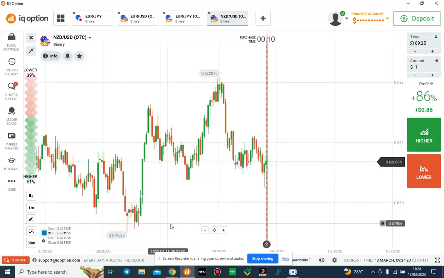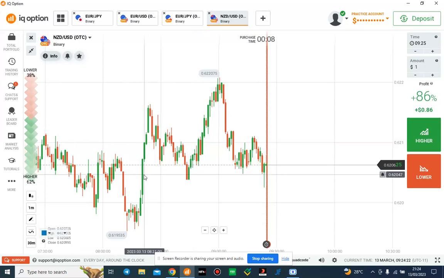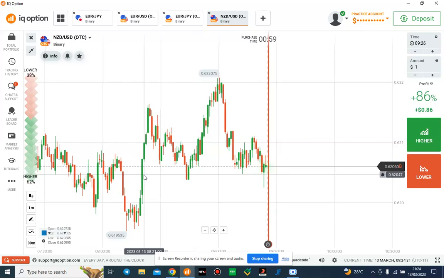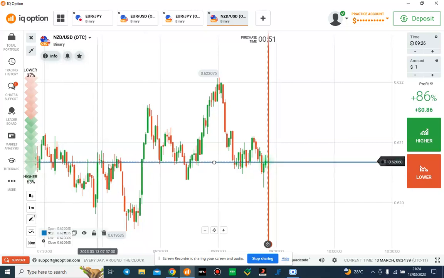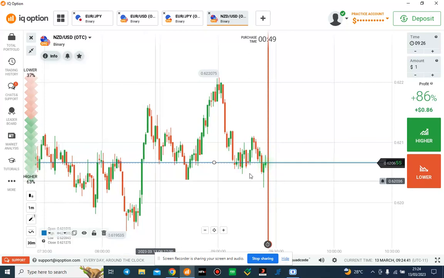So when you want to draw support and resistance using horizontal line, you look for SR flipped or RS flipped. Or what I'm trying to say is that you look for support flip to resistance or resistance flip to support. Okay, look at this area. Support here flipped to resistance, resistance here also flipped to support.